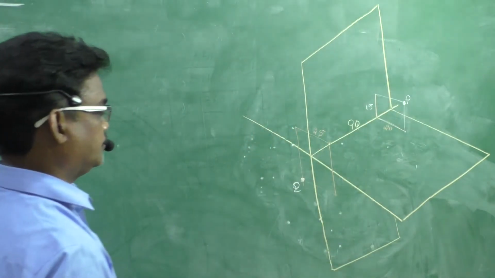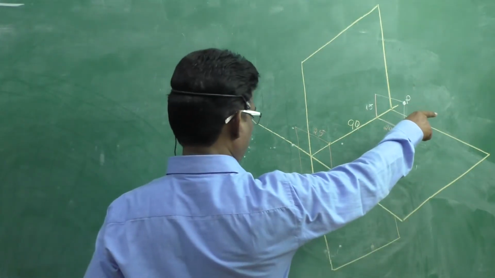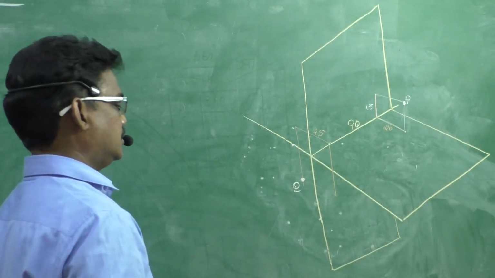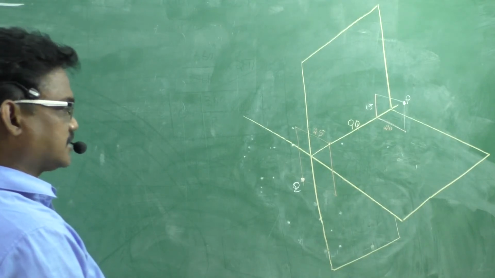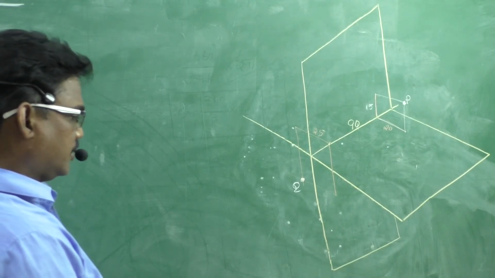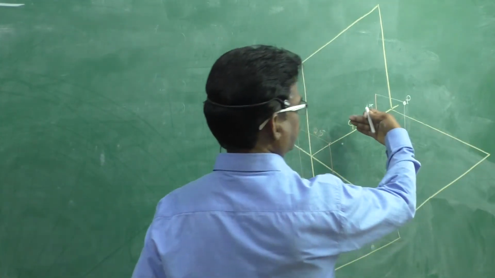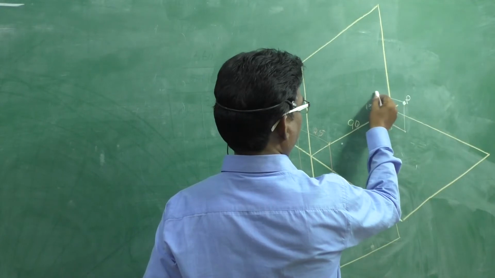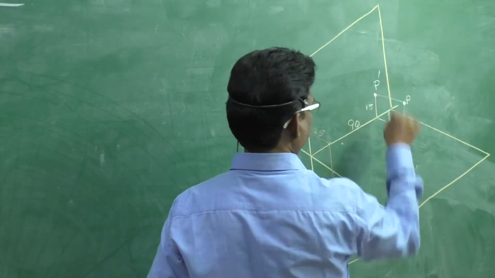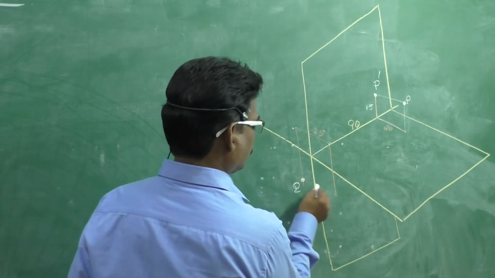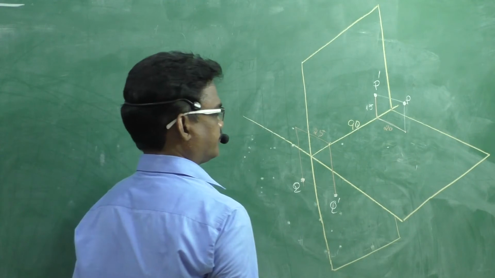P and Q. Now we can say P is in the first quadrant, Q is in the third quadrant. Okay. Now, the respective projectors we need to locate. This is the direction of the front view. Therefore, this is front view P dash and Q front view here. This is Q dash.